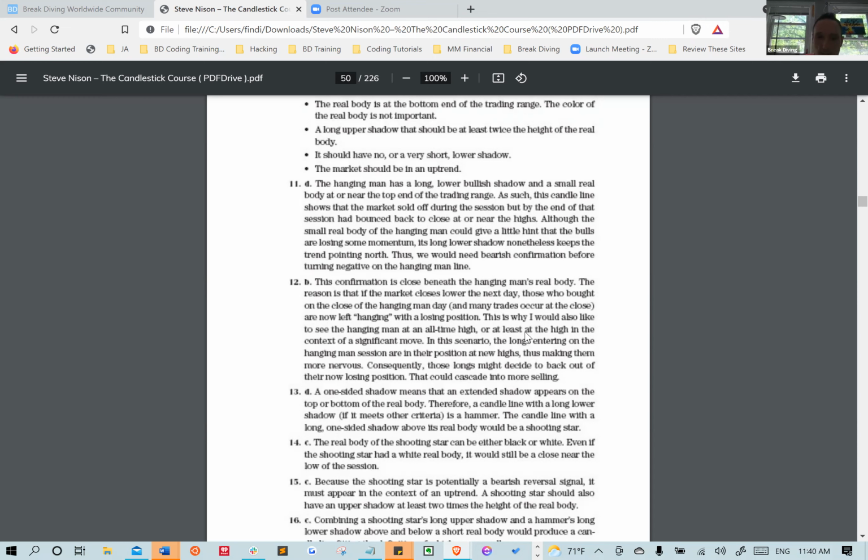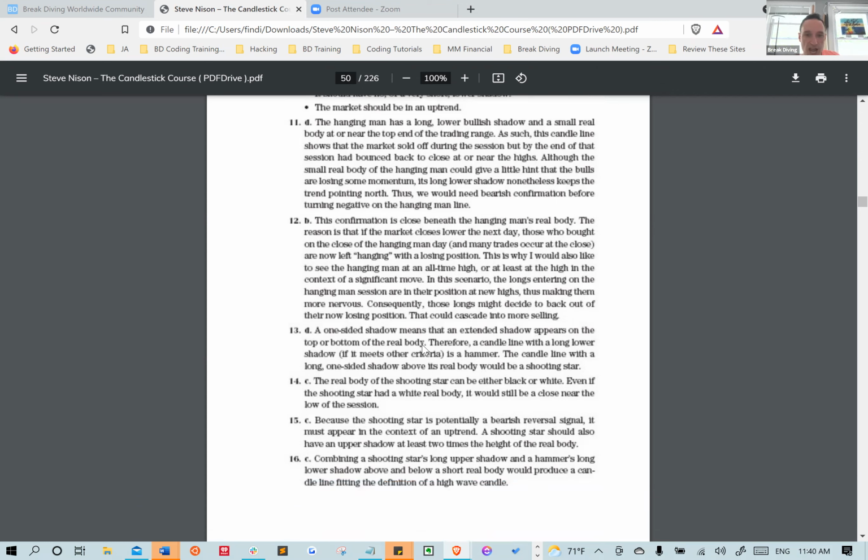Okay. In this scenario, the longs entering on the hanging man session are in their position at new highs, thus making them more nervous. Consequently, those longs might decide to back out of their now losing position. That could cascade into more selling. Okay.